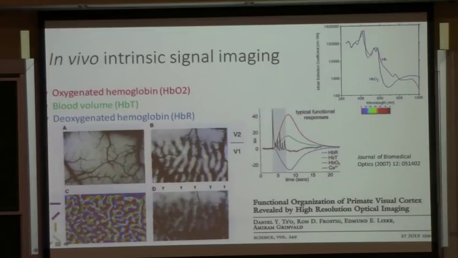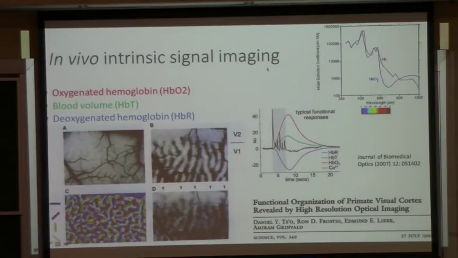Oxygenated and deoxygenated hemoglobin have different sensitivity to different wavelengths of light. So an excited tissue will have a different absorption rate compared with other parts of the brain because of the different concentration of oxygenated and deoxygenated hemoglobin. Using that, you can image to see where your brain is excited.